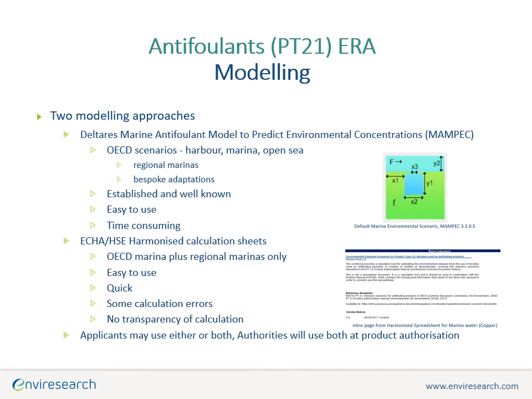So the harmonised calculation sheets only cover the OECD marina and regional marinas, so there's no harbour or open sea aspect, so no commercial use within that. They are easy to use, they are very quick. However, there are some calculation errors still remaining, and there's also no transparency of calculation. Currently, as it stands, applicants completing an environmental risk assessment for Product Type 21 can use either approach or both of them, and authorities will use both when they are assessing at the product authorisation stage.